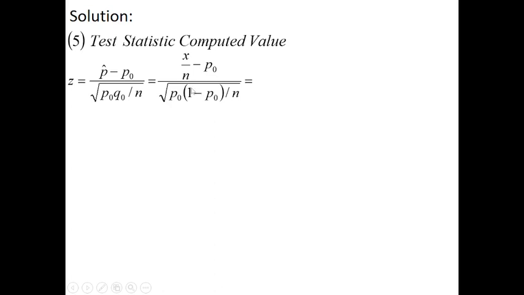So 8 over 15 minus 0.70 all over the square root of 0.70 times 1 minus 0.70 over 15. So we'll arrive with negative 1.409.